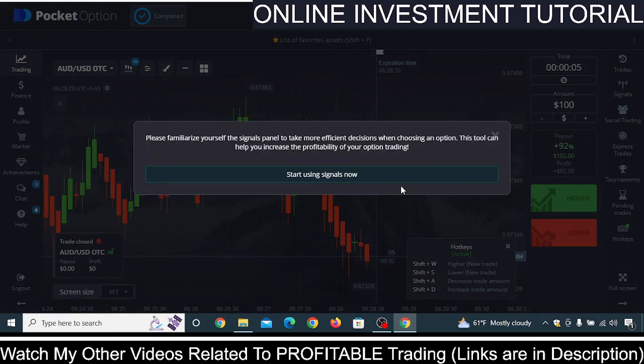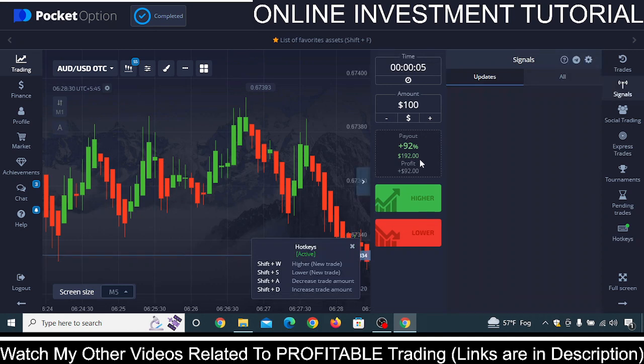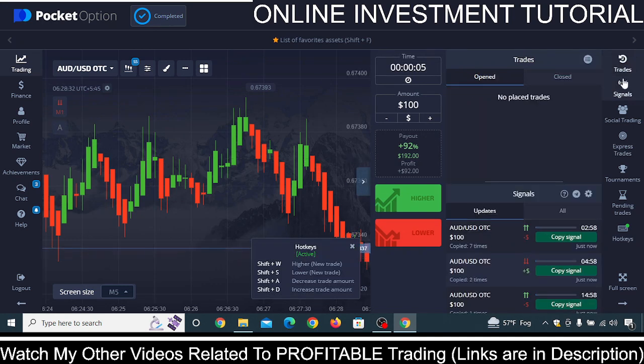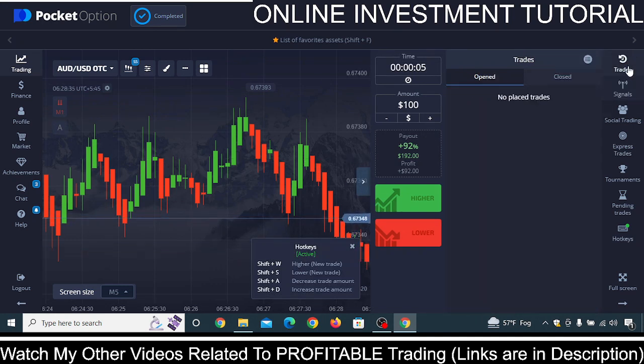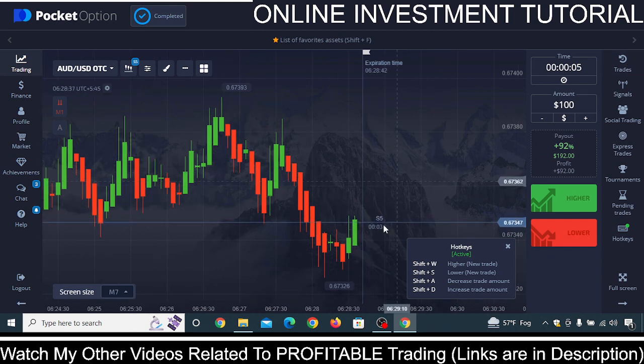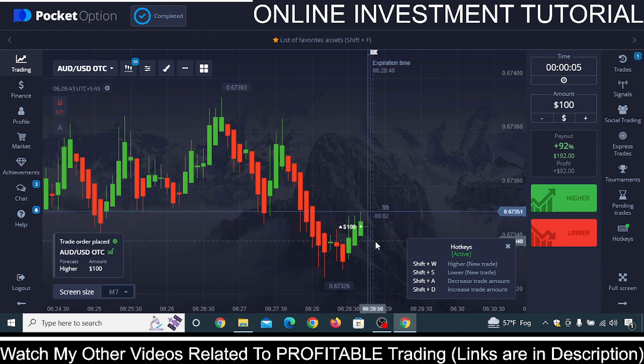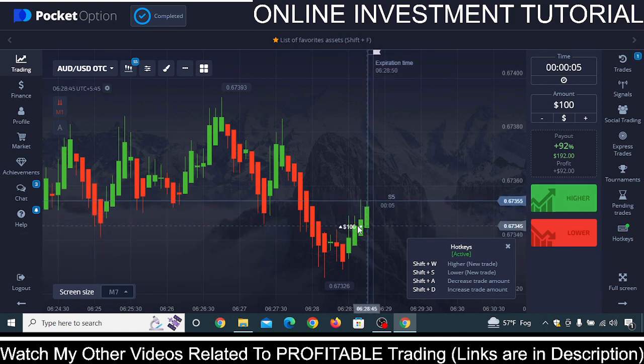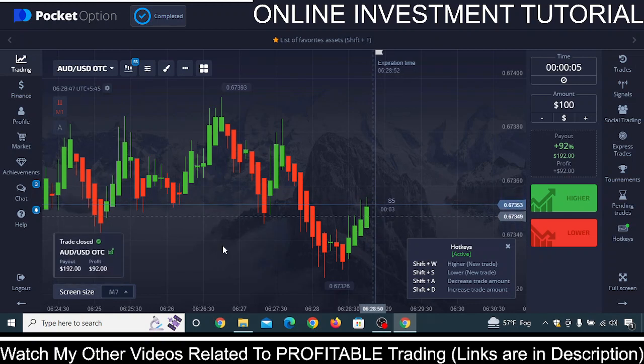Not 100% of your trades are going to be right, so you need to keep your focus. Here one was green, another was also green, that I missed. Now again I'll make a trade by clicking on green, and we made a profit.